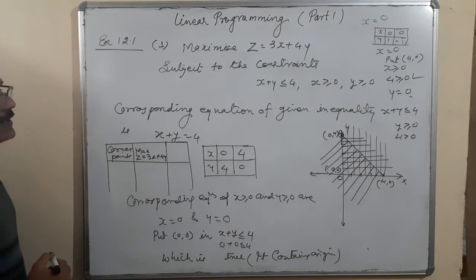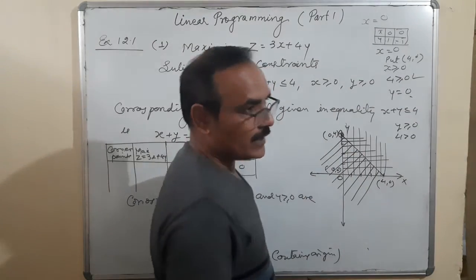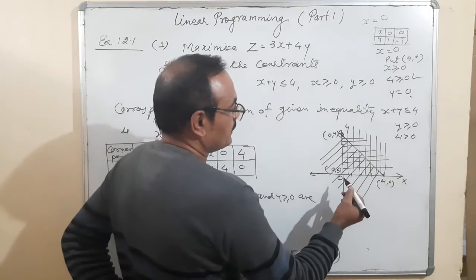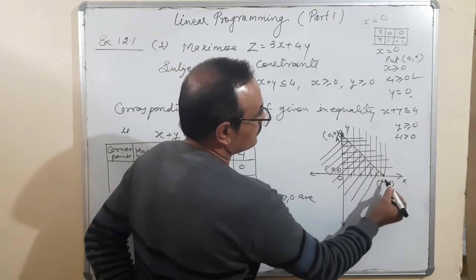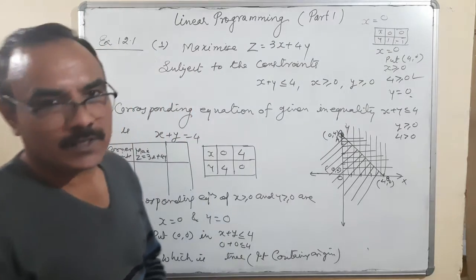How many corner points are here in this feasible region? I can write here the feasible region. Simply, these feasible region points are A, B, and suppose O. So there are three corner points.